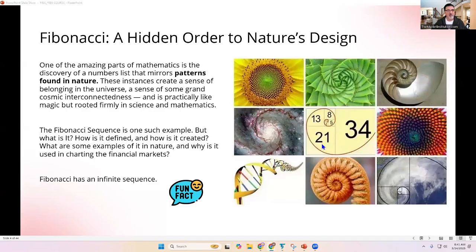And practically like magic, rooted firmly in science and in mathematics. The Fibonacci sequence is one such example, but what is it? How do we use it? How is it defined? How is it created? What are some examples in nature?